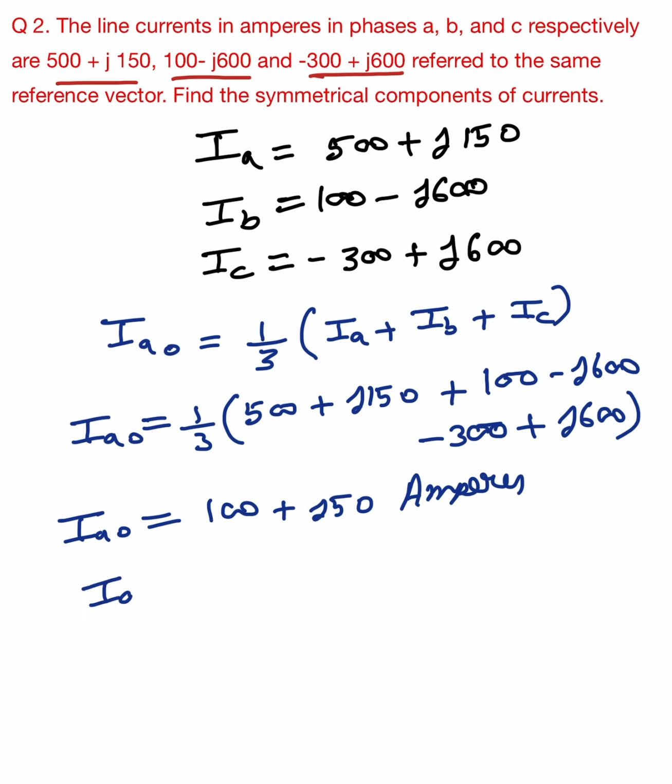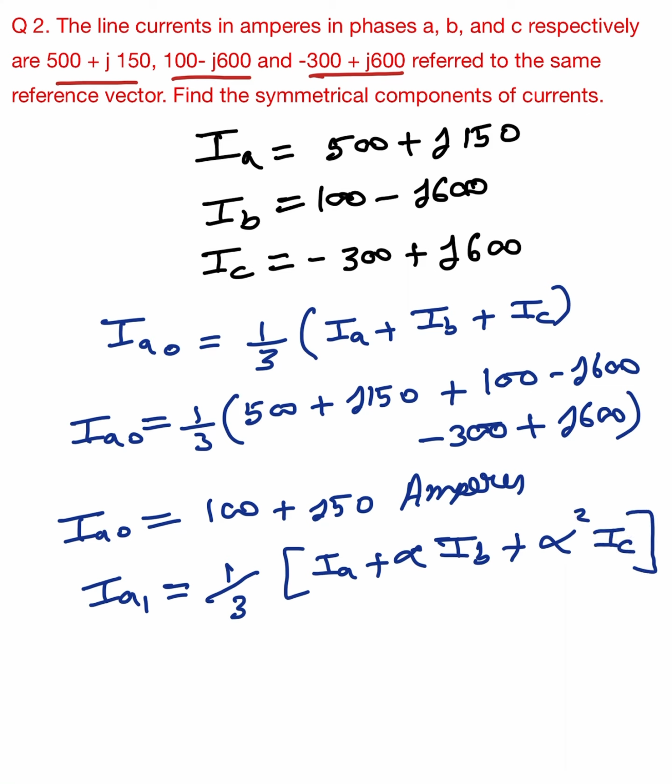Now we come to the positive and negative sequence. The positive sequence IA1 is equal to 1 upon 3 times IA plus alpha IB plus alpha square IC. What is the value of alpha?